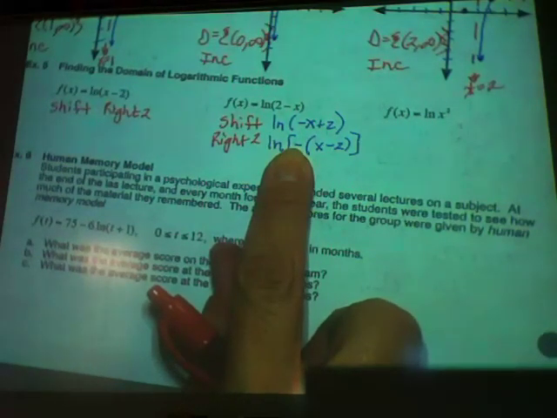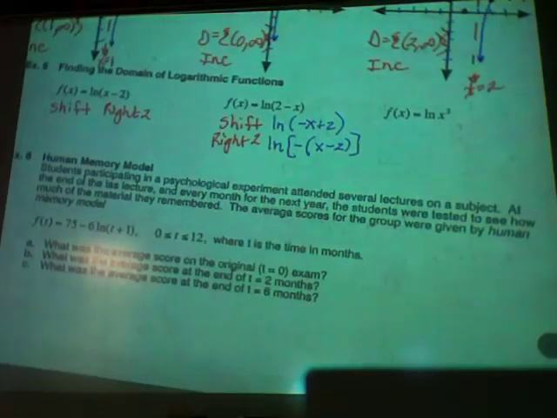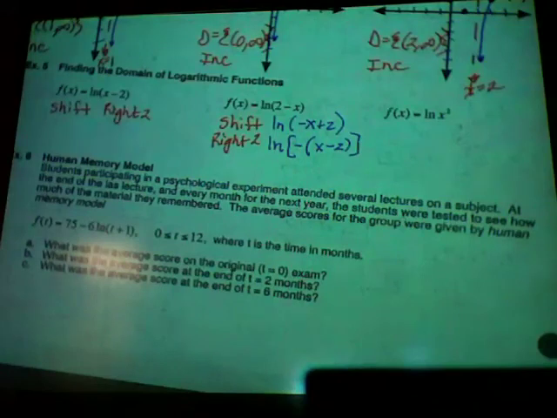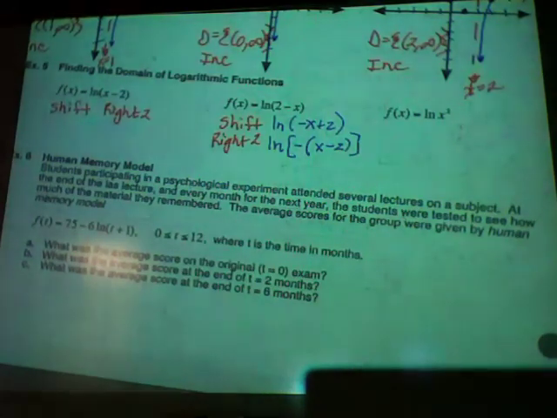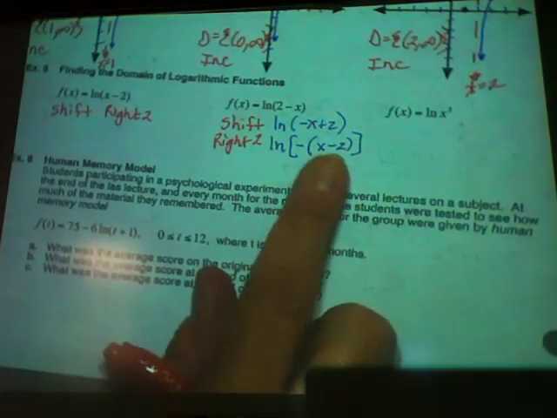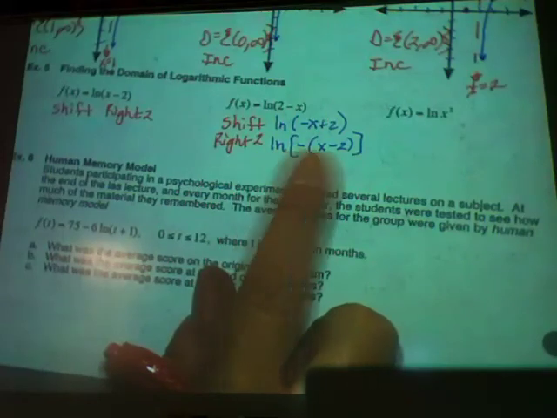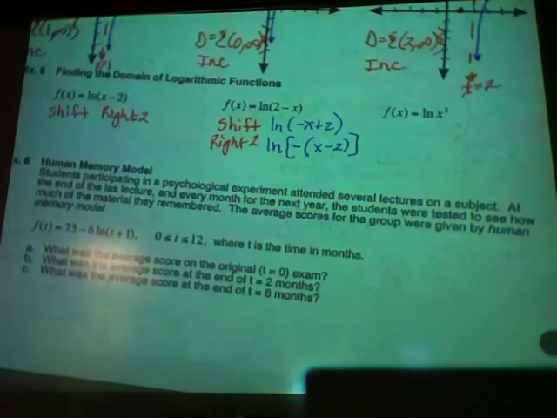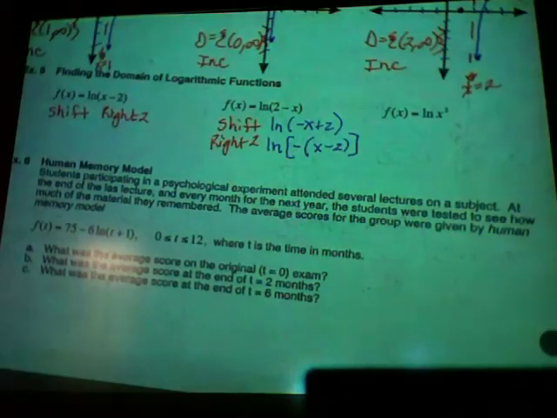Yeah, so if it affects my y value, what am I going to reflect it over? Does it affect my y value though? Think about it. Can you take the natural log of a negative number? No. So what's it going to end up doing?